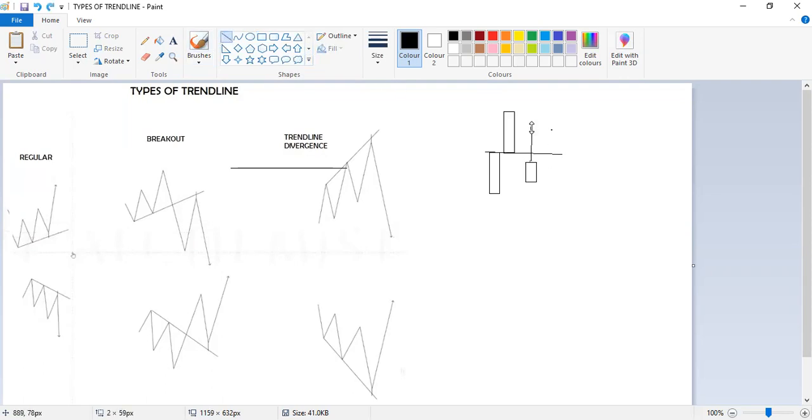When you see this, right? A withdrawal back inside with a close below it will give you a good sell. So if this happens here, that is a confirmation that the price is going to drop down.